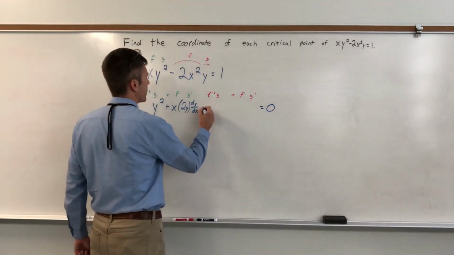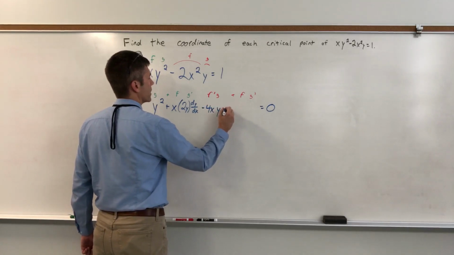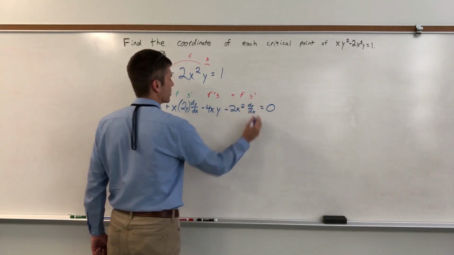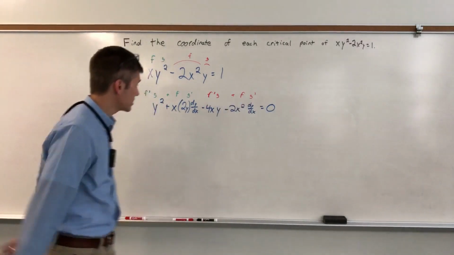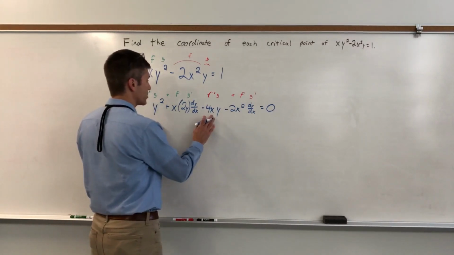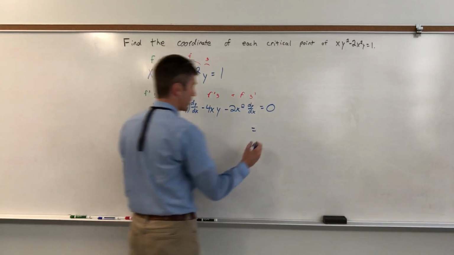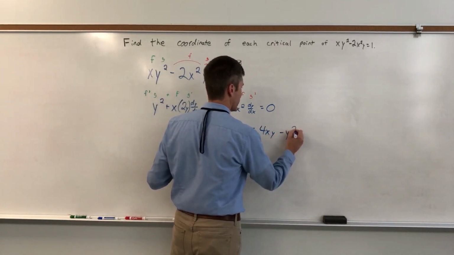So f prime, minus 4x, times g, which is y, plus f, so minus 2x squared, times g prime, which is 1 dy dx. Okay, let's get all our dy dx's on the same side, move everything to the other side, simplify a few things along the way. These two terms can go to the other side. That gives me 4xy and negative y squared. 4xy minus y squared.